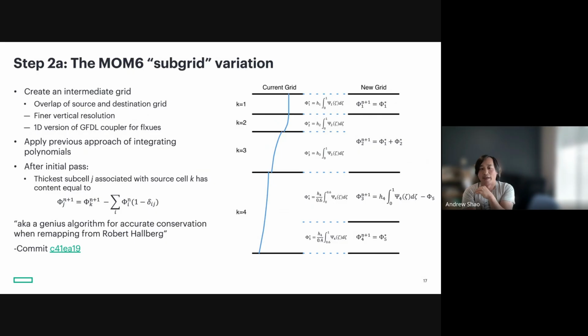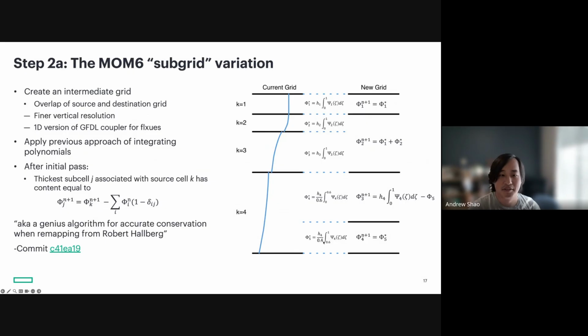The main difference here is that in order to conserve exactly, you go through and look at every single subcell, and then you say, okay, in the source cell, which of these is the largest, thickest subcell? If you're looking here, we've gone through all these things, and now we've split this up. This part of it here, where we have sigma 4 star, sigma 5 star, or phi 4 star, phi 5 star, these are 2 of the sublayers in the initial one.